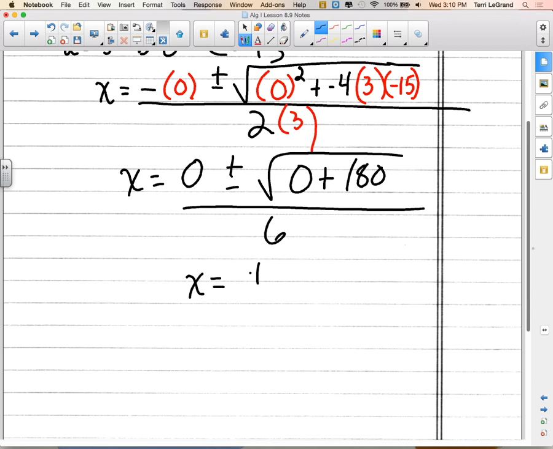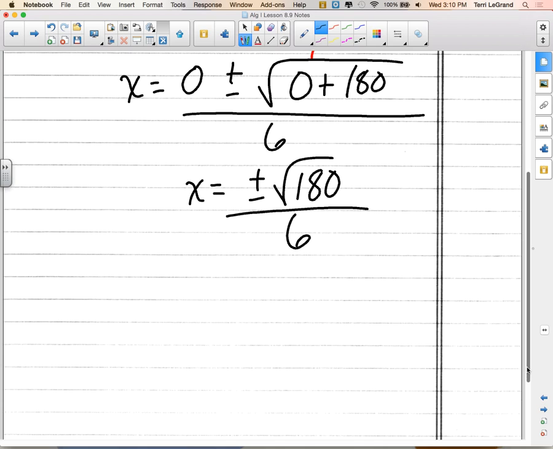And let's just have a positive or negative square root of 180 divided by 6. Now, here's what you can do. You don't even really need to divide this into two problems because there's not something plus that square root of 180 and something minus that square root of 180. It's really just a positive or a negative. We're going to end up with opposites for our solution.